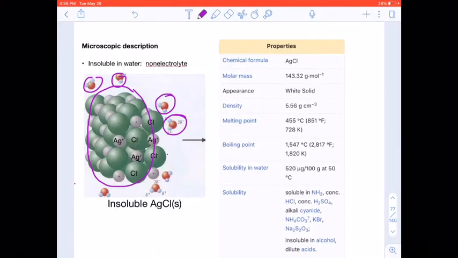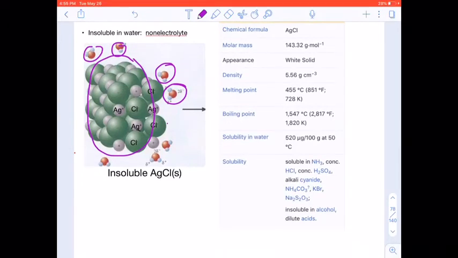So silver chloride doesn't dissolve. I've just got its properties here, but let's look at this particular property, solubility. As you can see, the solubility in water is 520 micrograms per 100 grams at 50 degrees Celsius.